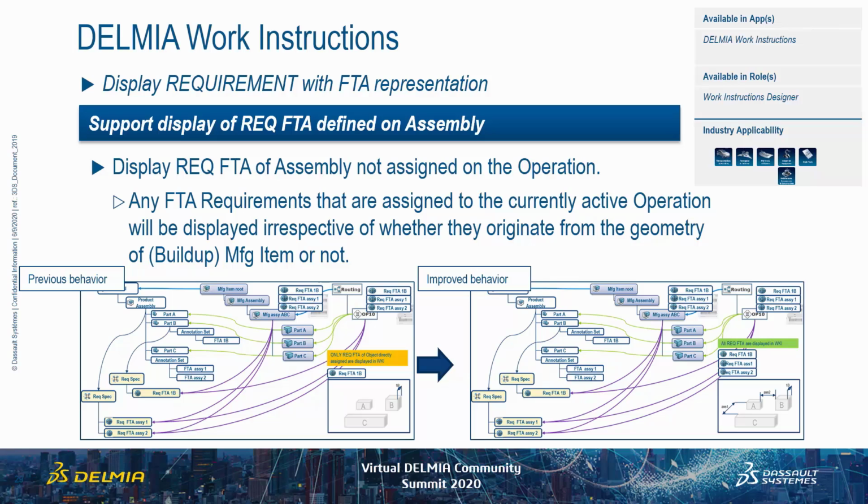As you may know, we are capable to publish from a given product some FTA, so annotations, as requirements, to be consumed by manufacturing items or process data, even till work instructions. And this to be displayed at work instruction level.